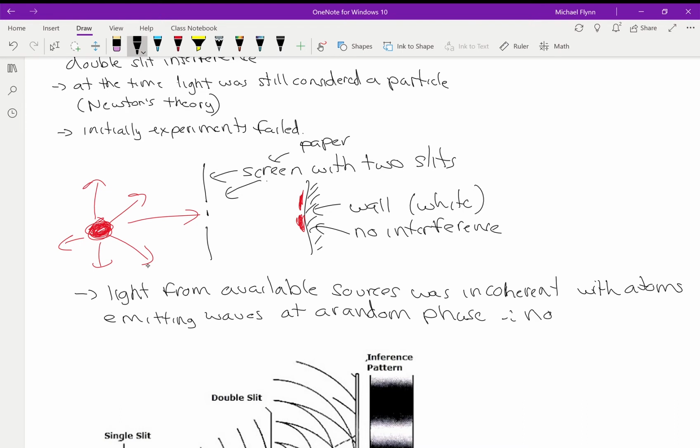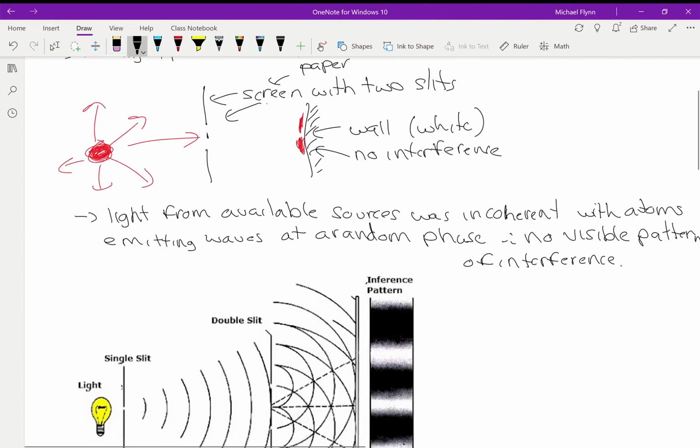Therefore, there's no visible pattern of interference. All right, so that was significant.